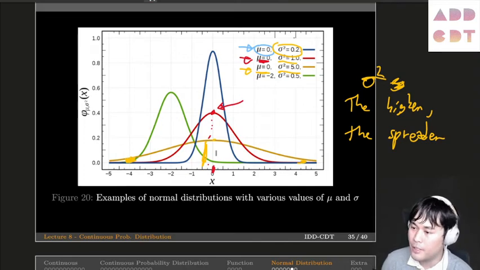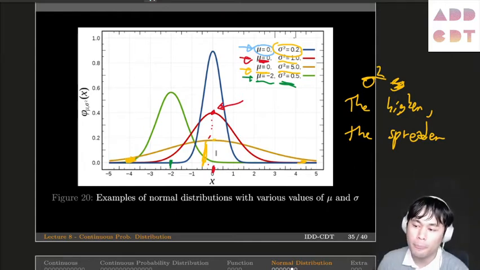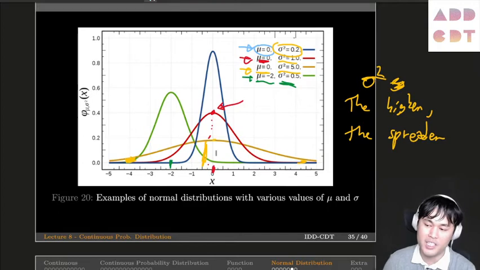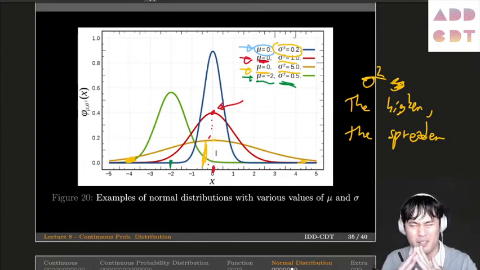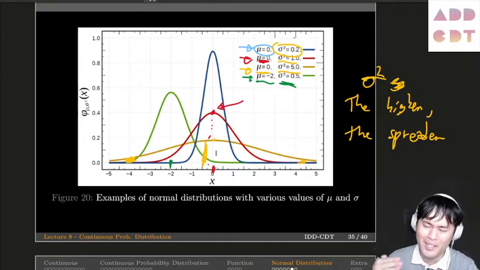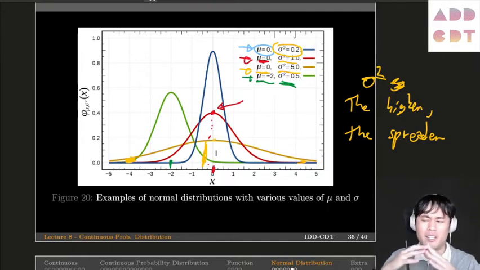And lastly, for the green curve, mu is -2. So the center here is back to -2, and then the spread is 0.5. 0.5 is narrow. And so you can guess from the shape that it's wider than the blue curve, but it's narrower than the red curve.